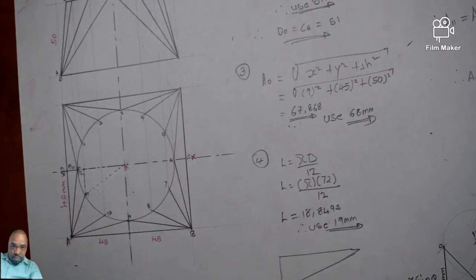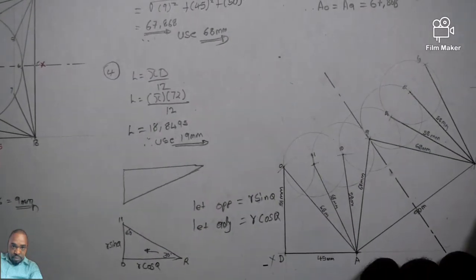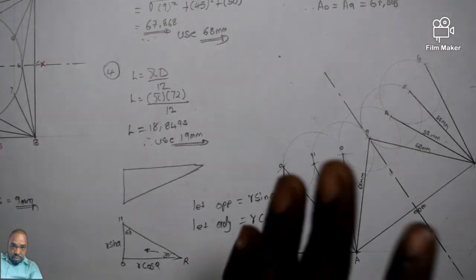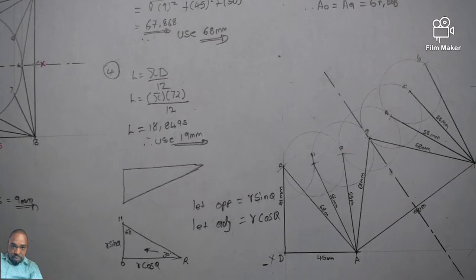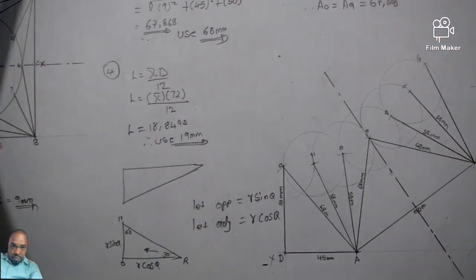You understand? So which means the same way you started your development is the same way you're supposed to end your development. You understand? The same way you started, it's the same way.